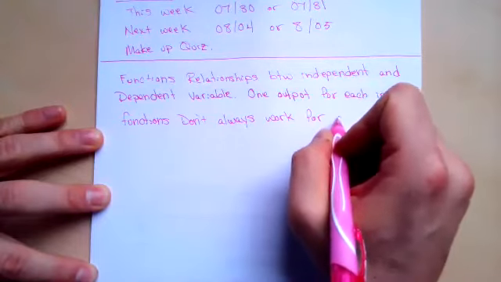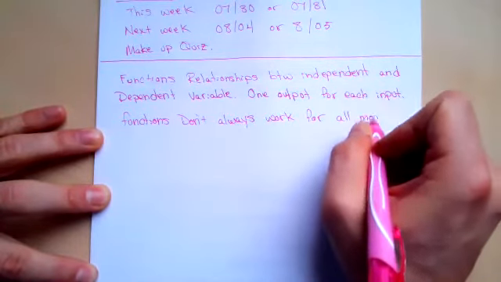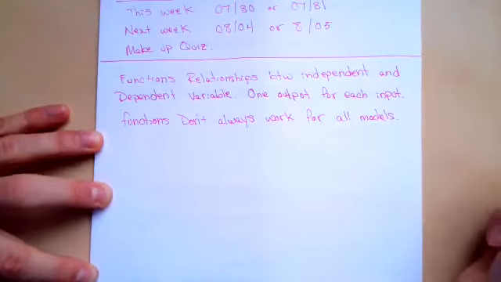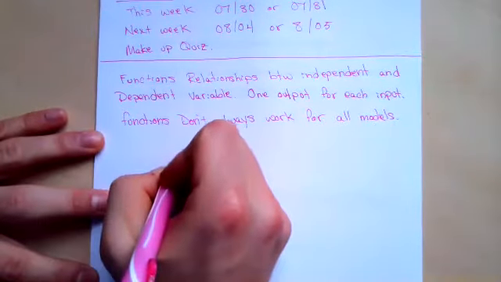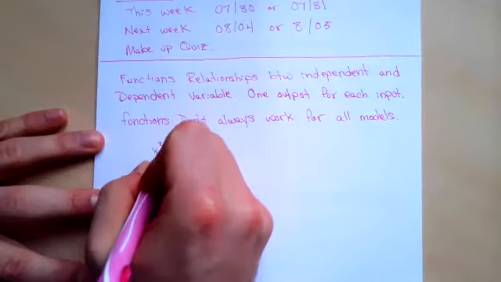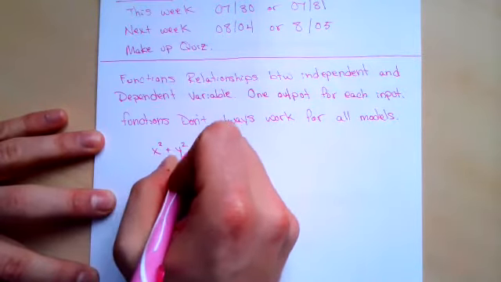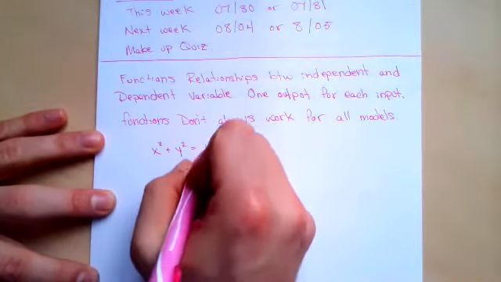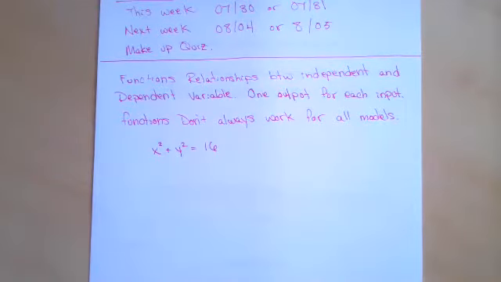Functions don't always work for all models. Because sometimes we have equations like x squared plus y squared equals, let's say, 16. So our circle of radius 4, centered at the origin.